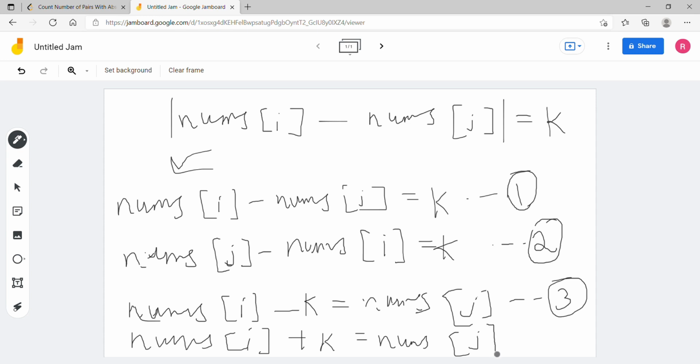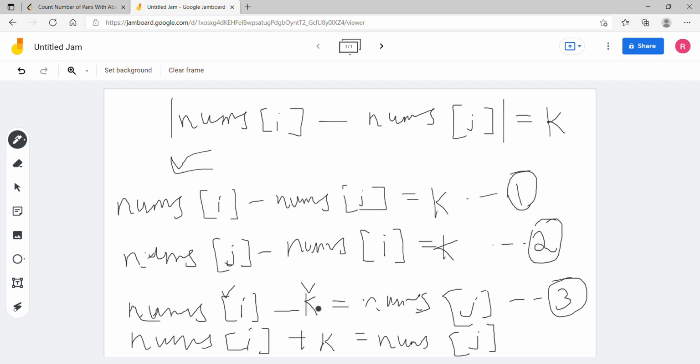Now consider a map where you are storing every element and its frequency. So this nums j is an element which is already present in the map, and this k is your given. So you can find out whether your current array element should form a pair or not by checking whether nums i minus k, the difference of your current element with k, is stored in the map.